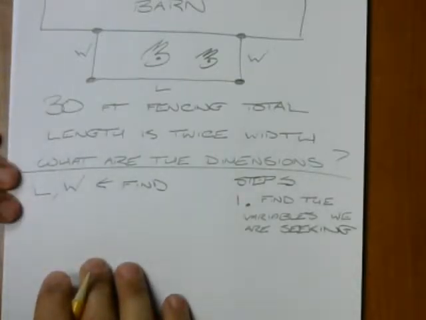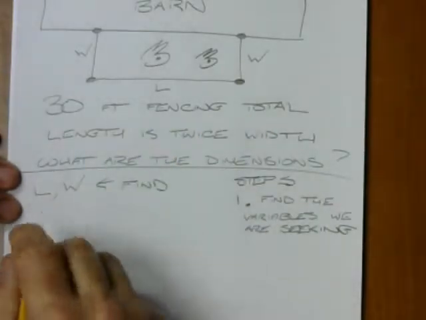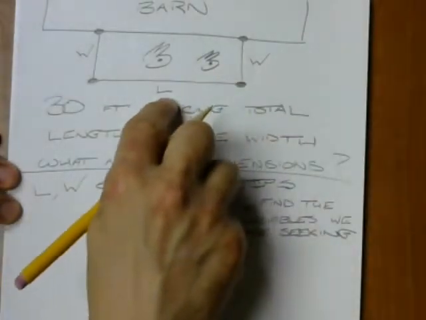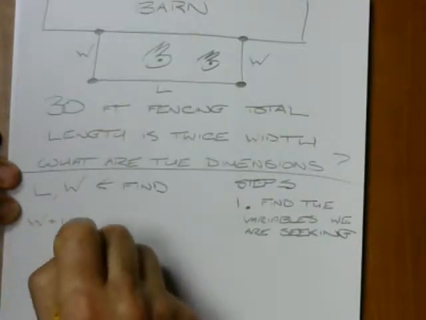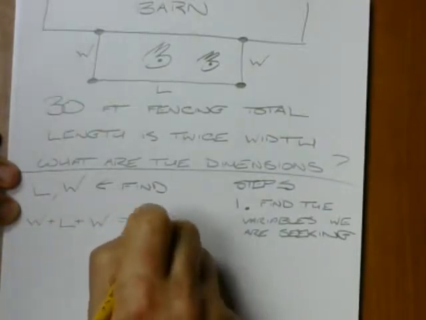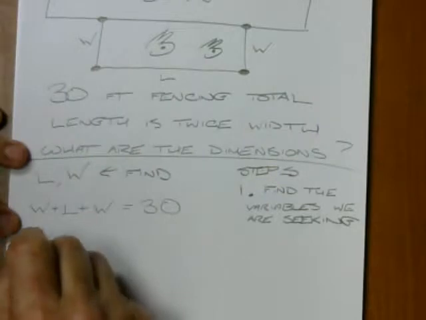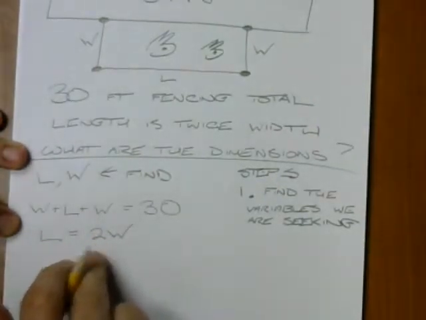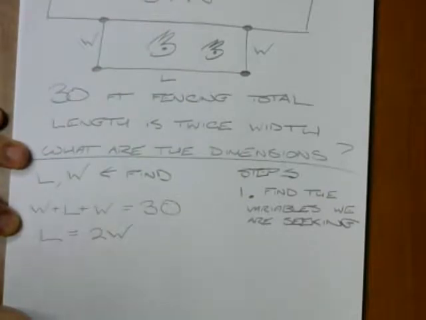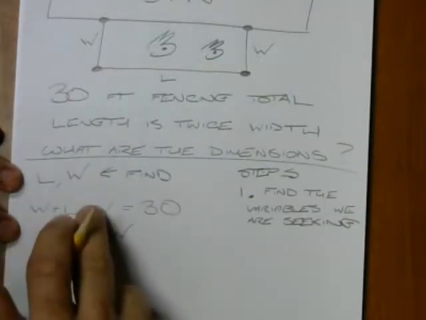So what we want to do is find out what we're told. So we know that W plus L plus W is 30. And we're also told that L is twice the width. The length is twice the width. Okay. So I want to find L and W. I have my equation.